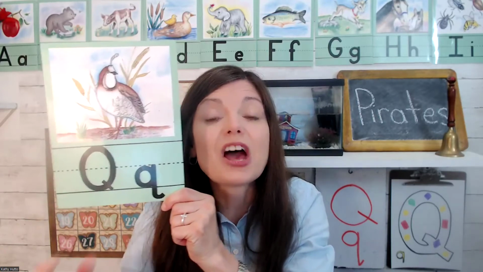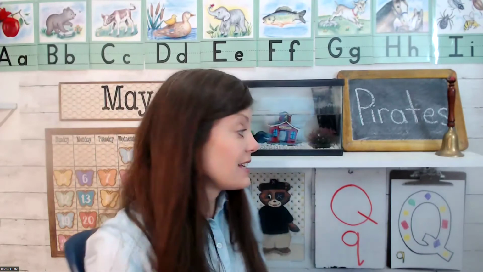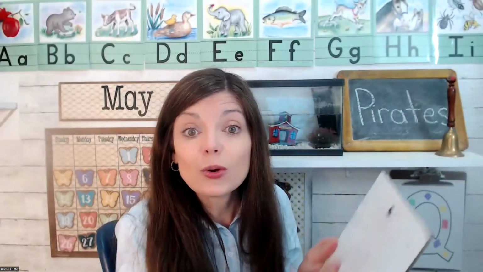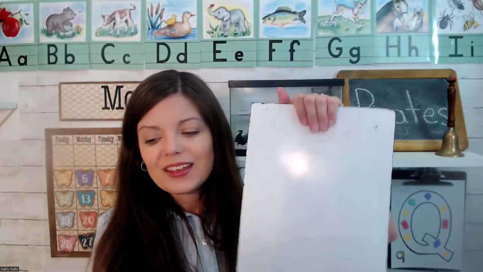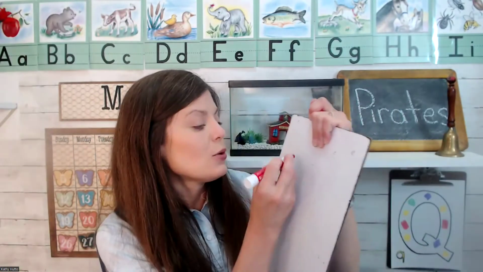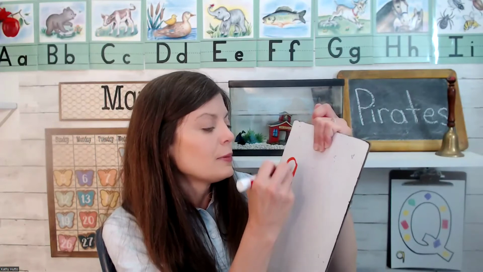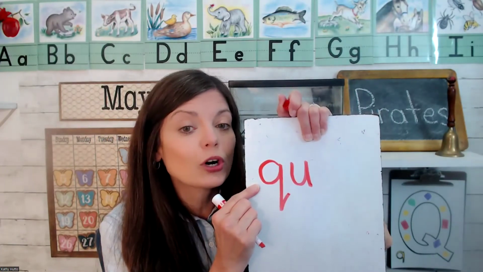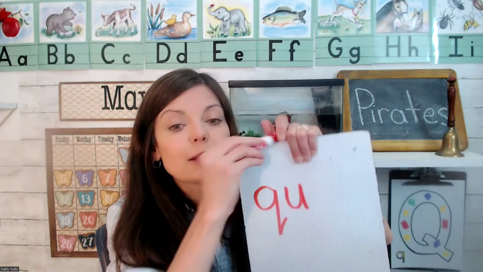Well, Q has a very best friend. Q's best friend is U, the letter U. So whenever you see Q, you're probably going to see U right beside it, especially at the beginning of words. So let's do some blending.